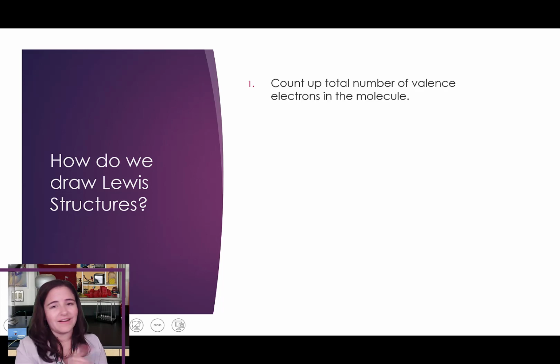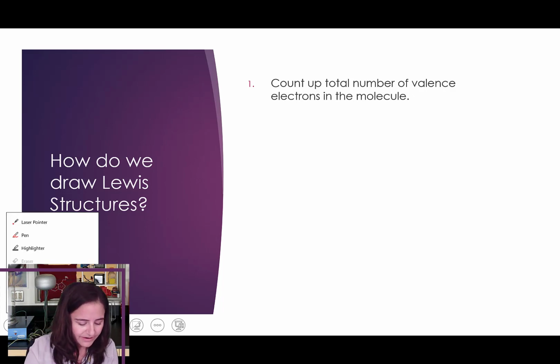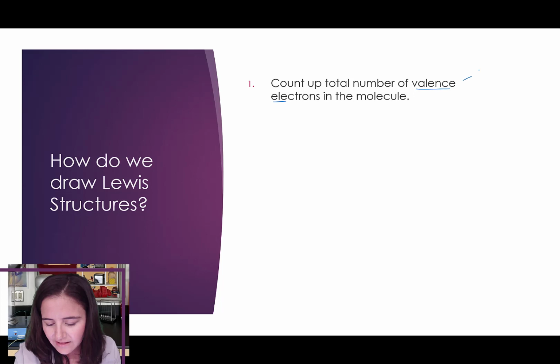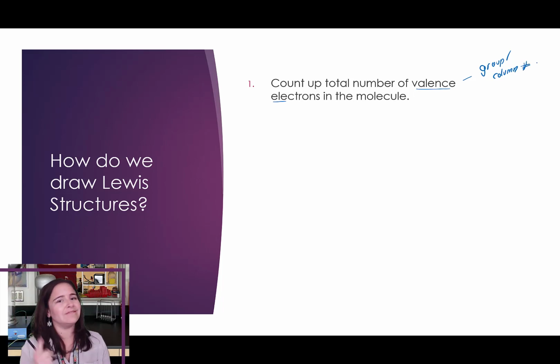So step 1, like everything we do in bonding, we have to count up the total number of valence electrons in our model. Hopefully you remember from the periodic table that you can tell the valence electrons from the group or column number. If it's in group 1, it has 1 valence electron, but none of those will be in our covalent molecules because those are all nonmetals.